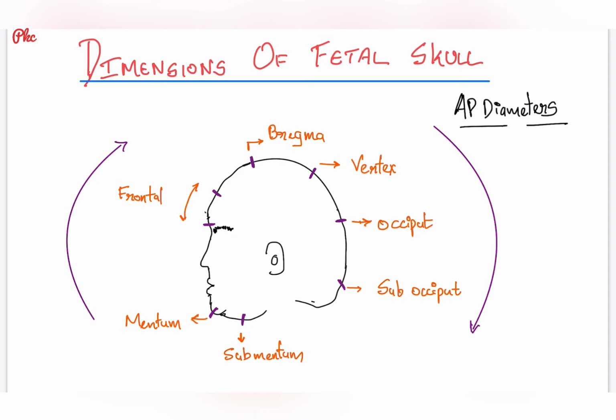Before I start, we have to know certain points over the fetal skull. This is the submentum, next to it is the mentum, then comes the frontal bone, then bregma, next the vertex, occiput and subocciput. Now I write down each of these 7 points in a clockwise direction.